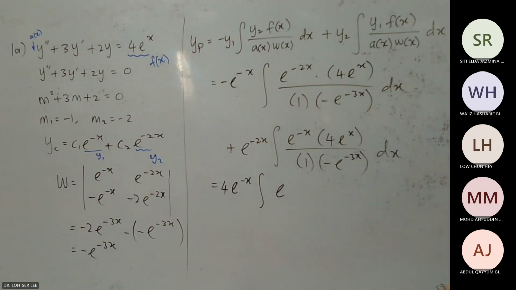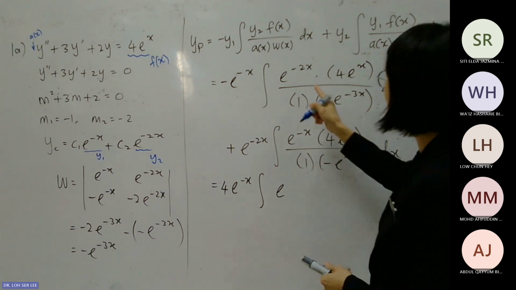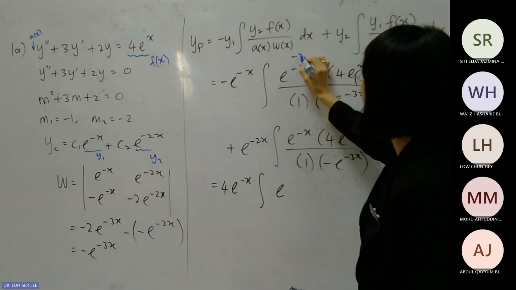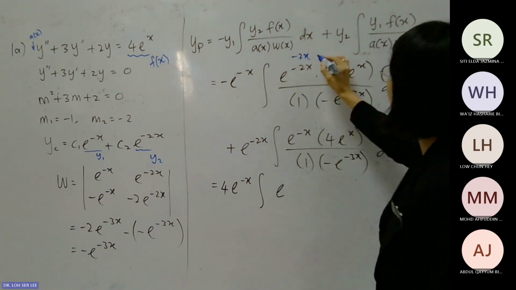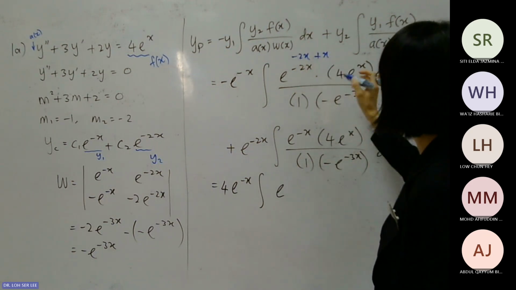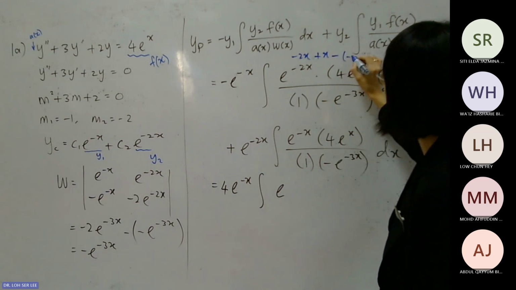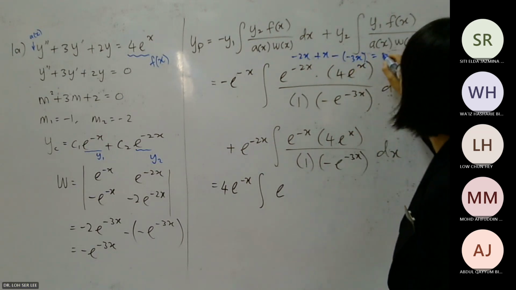2x. Negative 2x plus x. In this one, you need to use minus negative 3x to get 2x.